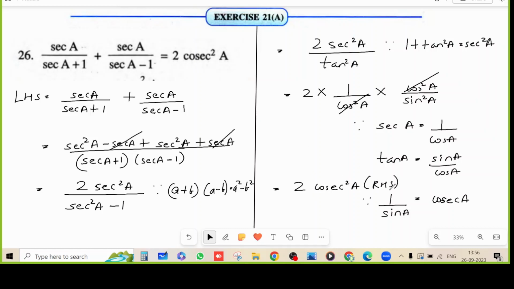So hence we have proved that the left hand side is equal to the right hand side.